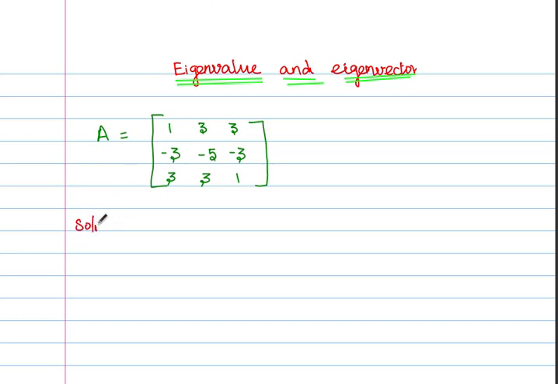We usually denote the characteristic polynomial as P of lambda. This is known as the characteristic polynomial.